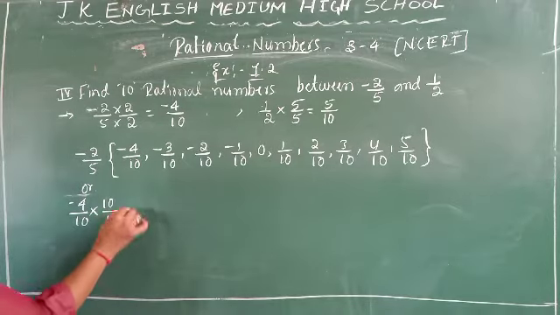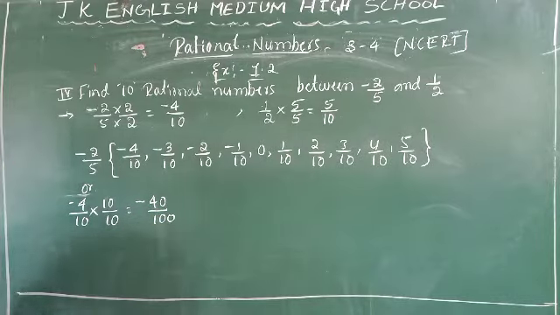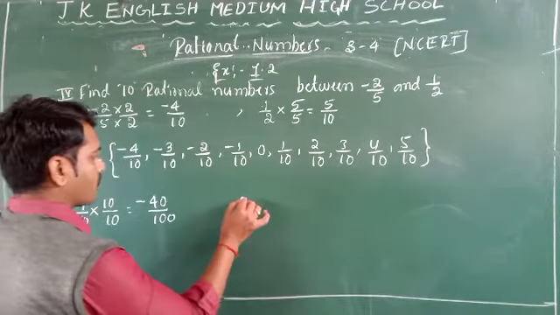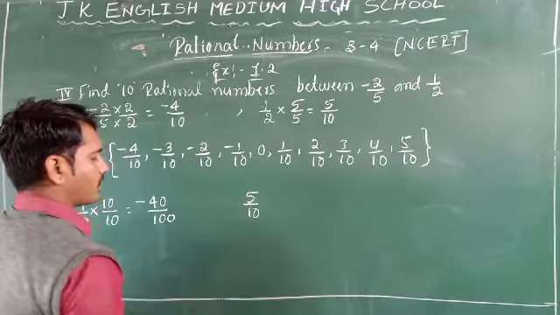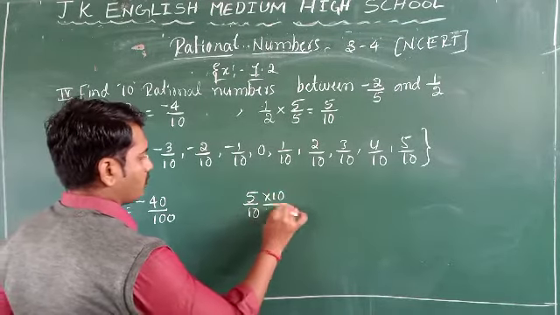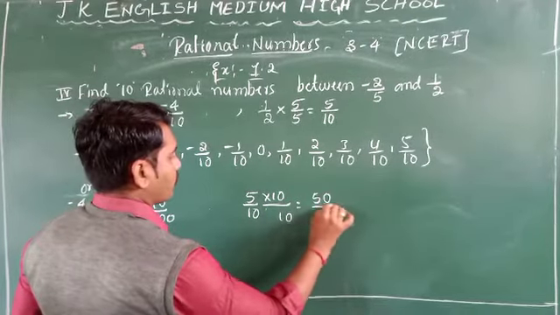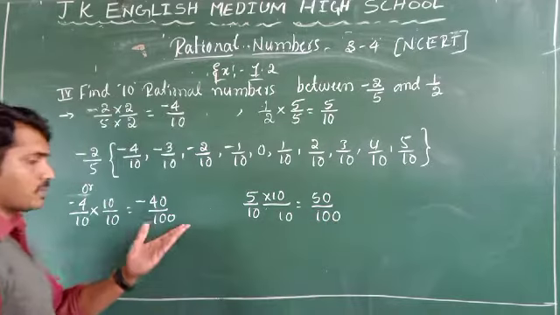So how much will it become? Minus 40 divided by 100. That side 5 by 10 is there, into 10 divided by 10, so it becomes 50 by 100.